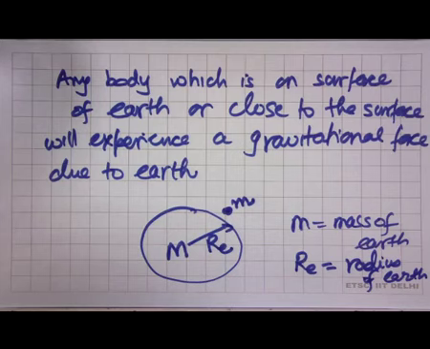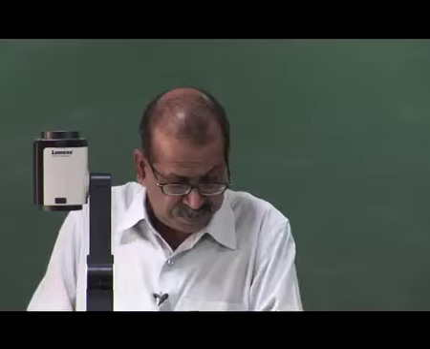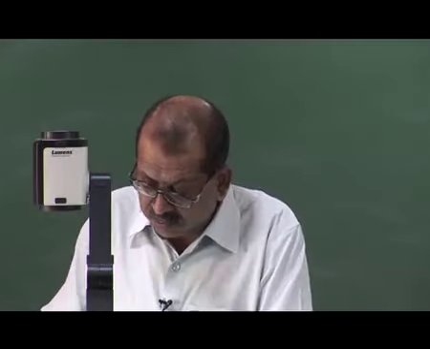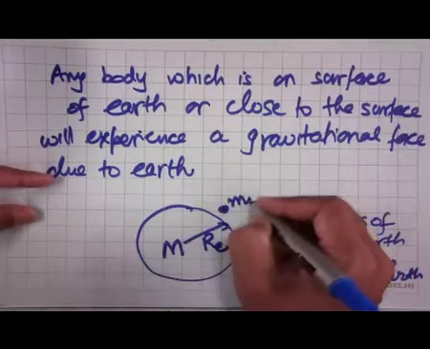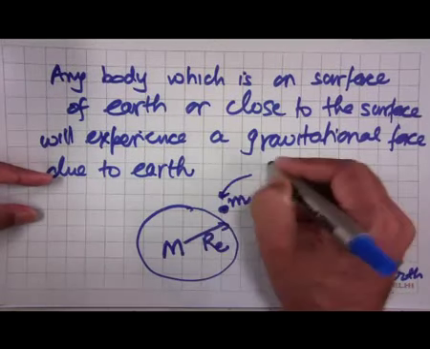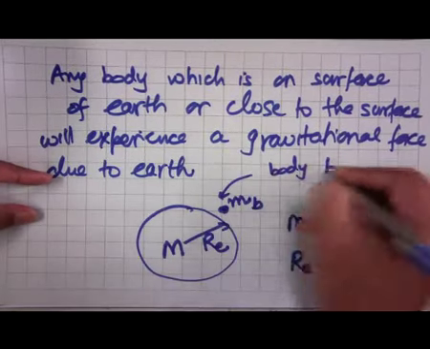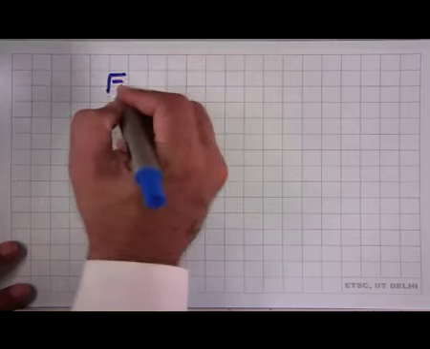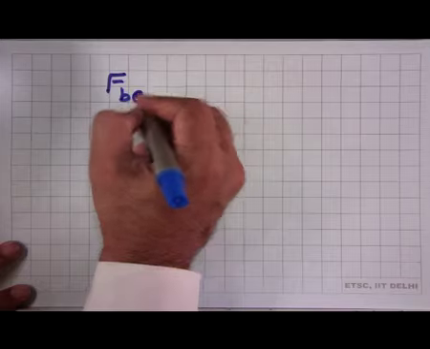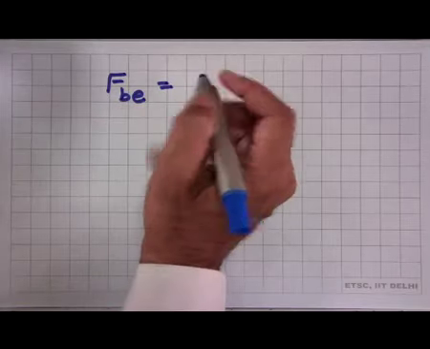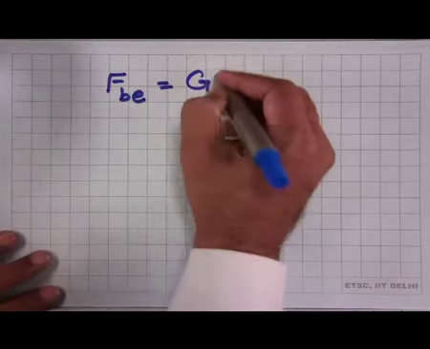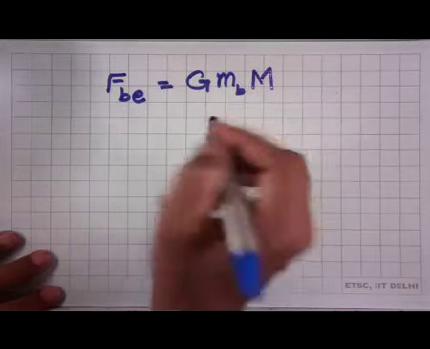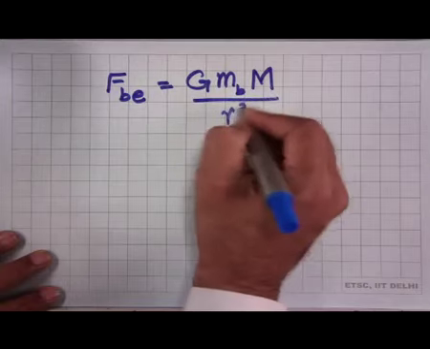Let us call this body B, whose mass is m sub b. Now the force on the body B because of earth will be given by G times m b times mass of the earth divided by r square.